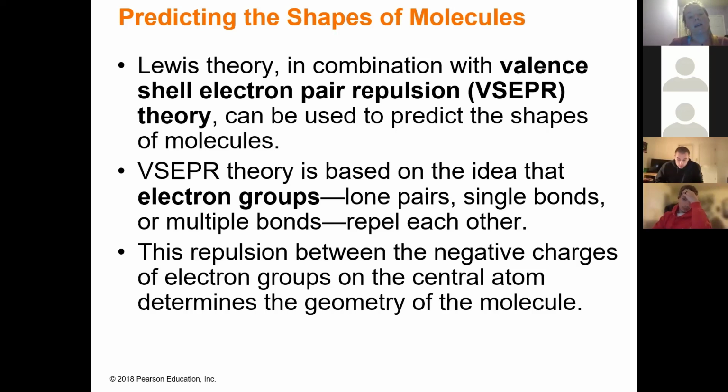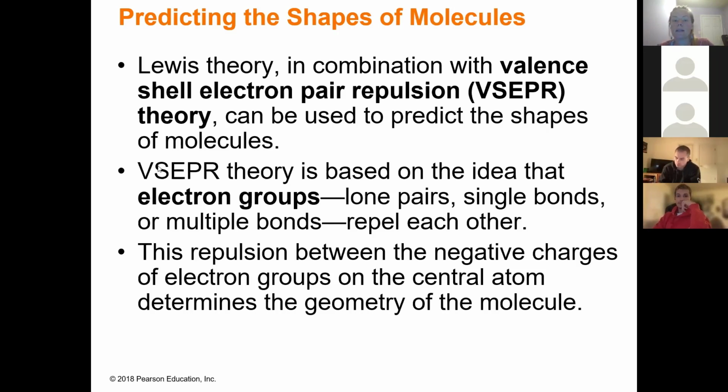So the second part of this theory is known as the valence shell electron pair repulsion theory, the VSEPR theory. What it's saying is that the valence electrons want to get as far away from each other as they can. They are going to repulse or push each other away.